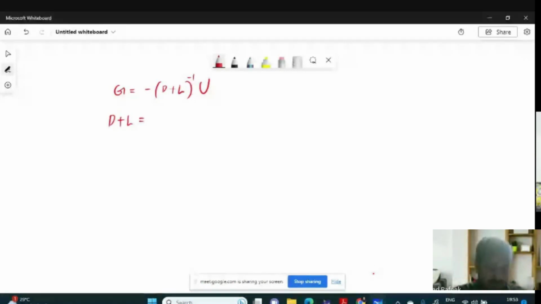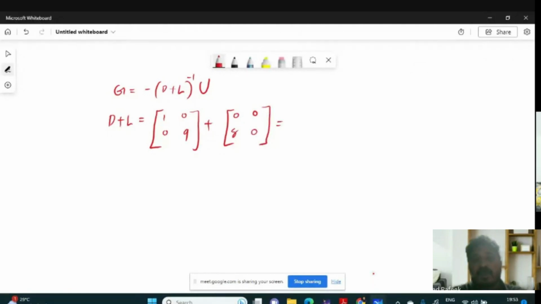D means the diagonal matrix from that A, so 1, 0, 0, 9. That is D. L means the lower triangular part: 0, 0, 8, 0. Add these two, and you will have 1, 0, 8, 9. That is D plus L.